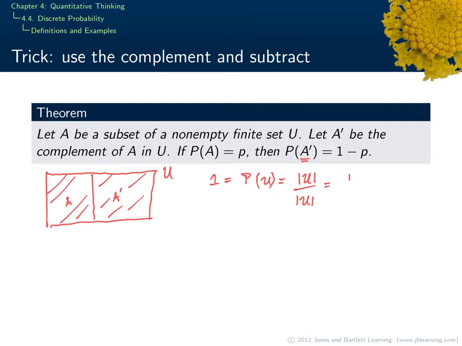But U is equal to A union its complement. And the size of A union its complement is just the size of A plus the size of its complement. That's because A and A complement have nothing in common.